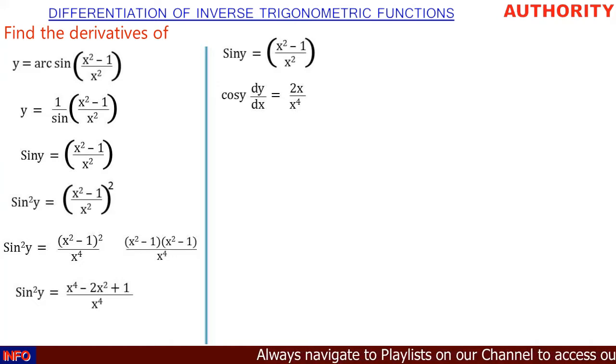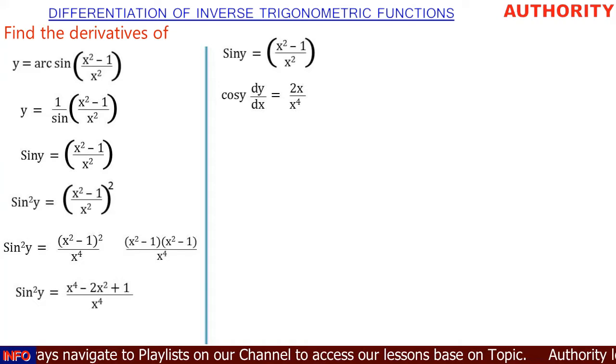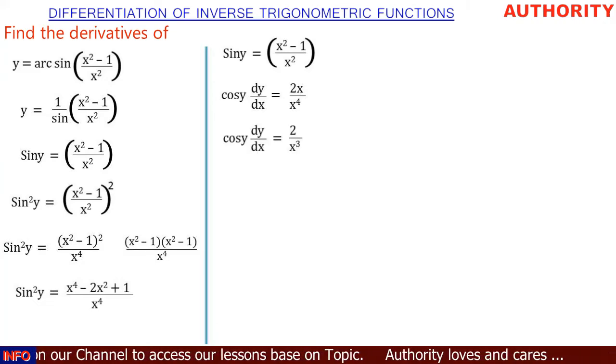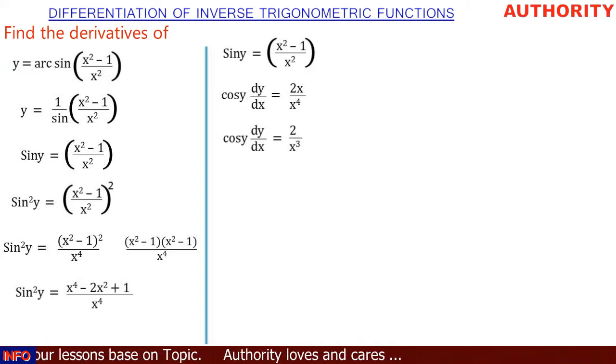Okay, now let's continue. We have 2x all over x raised to power 4. The x in the numerator can cancel one of the x in our denominator. So thereby, we are going to have cos y dy all over dx is equal to 2 all over x raised to power 3. Is that true? Yes. Here now, we can decide to multiply both sides by the inverse of cos y. So cos y inverse is going to give you 1 all over cos y.